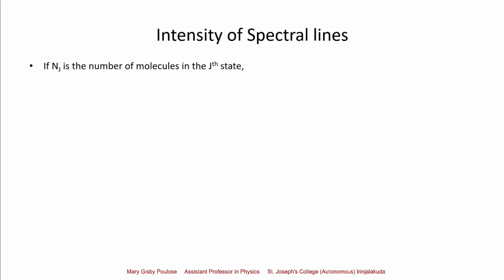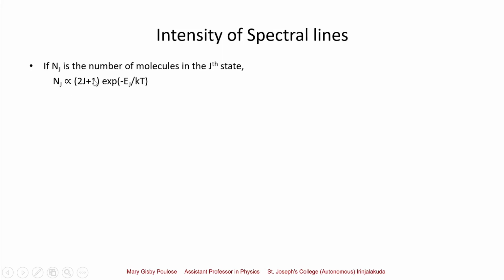Now, assume that Nj is the number of molecules in the jth energy level, in the jth state. Hence, the number of molecules in the jth state, Nj, is proportional to the population according to Boltzmann's distribution, that is, e raised to minus Ej by kT. It is also proportional to the degeneracy of each energy level.